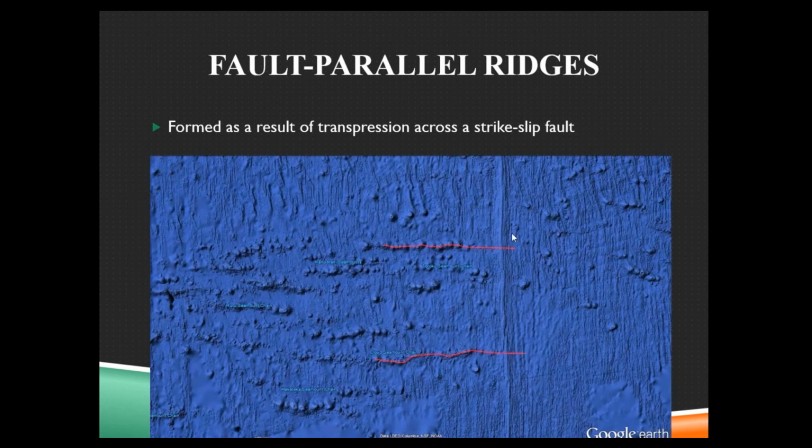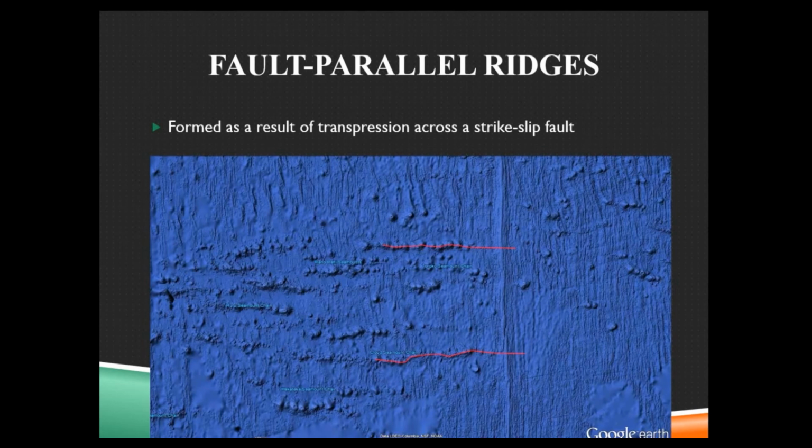Here we have an image of the Mid-Atlantic Ridge. That's where I'm tracing with a mouse arrow here, Mid-Atlantic Ridge. And because the ridge is oriented north-south, we have faults that are oriented east-west.